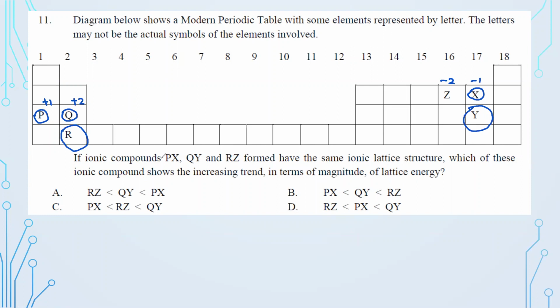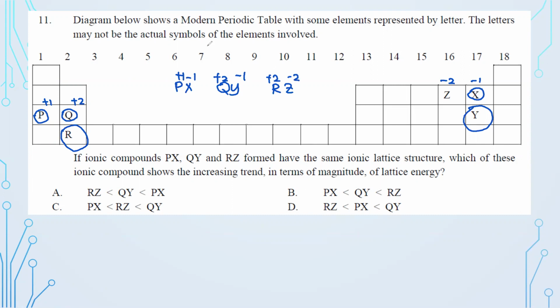So the question wants us to couple them. PX is plus 1 minus 1. QY is plus 2 minus 1. Then RZ is plus 2 minus 2.